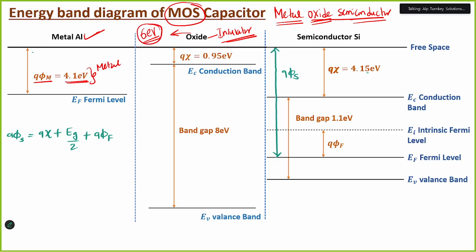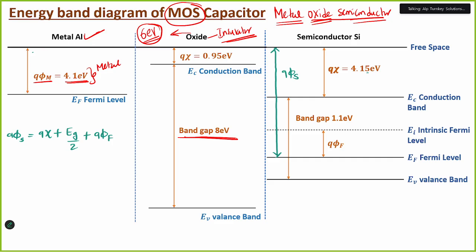It is difficult to move electrons from the valence band to the conduction band. And this is q chi, the energy required to move the electron from the conduction band to free space.